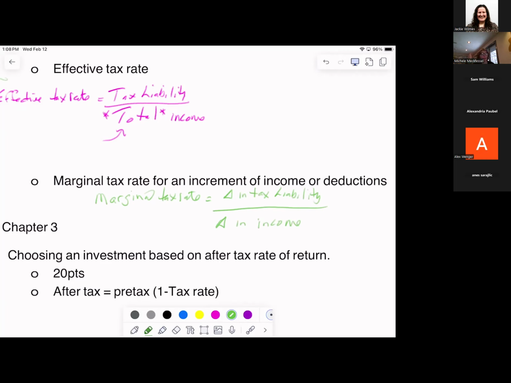So you'll start with your original tax liability. If you have additional income, then you'll add that income in and then find your new tax liability. If you're told that you have additional deductions, then you reduce that income by the amount of those deductions. So that is the chapter 1 free response section.